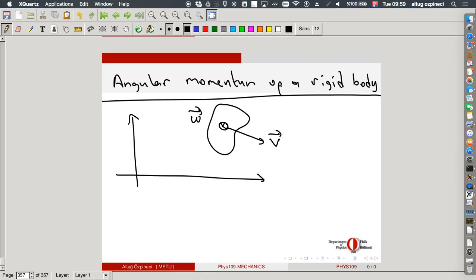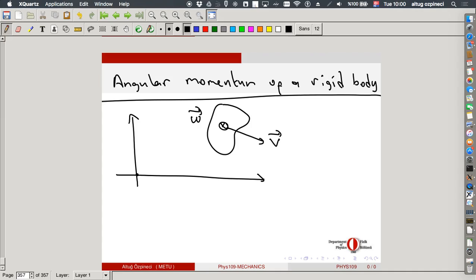This is our coordinate axis. We have some inertial reference frame. One point of confusion seems to be that when we are choosing this rotation axis in our object, we are not changing our reference frame. Our reference frame is always fixed. We just choose an inertial reference frame, and we are writing everything with respect to that reference frame.